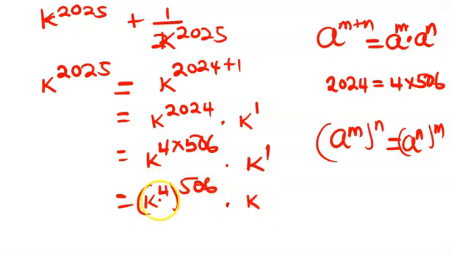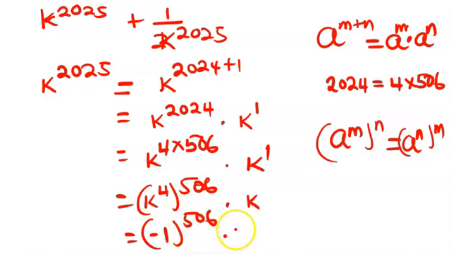And we said that k to the power 4 is minus 1. So we have minus 1 raised to the power 506 times k. Now because this is even, when you raise any negative number to the power of any even number, you are going to get positive. So this implies that we are getting k.